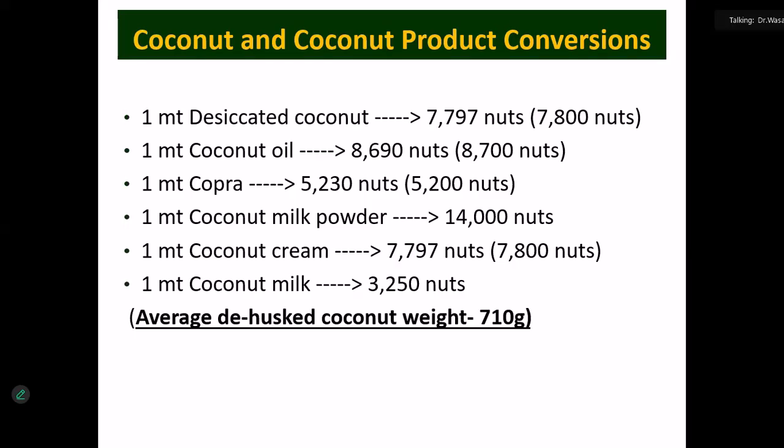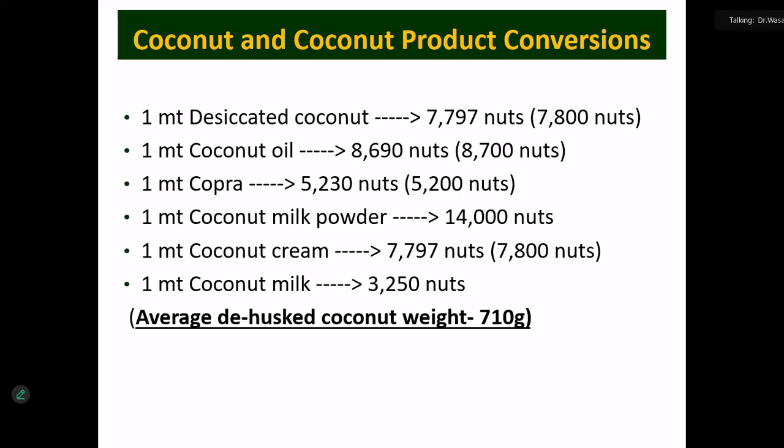Average dehusked coconut weight should be 710 grams. What does that mean? Once you remove the husk, the weight of the coconut should be 710 grams. That's the average. So that should be the average weight of a coconut after de-husking. Know that for the exam: 710 grams.